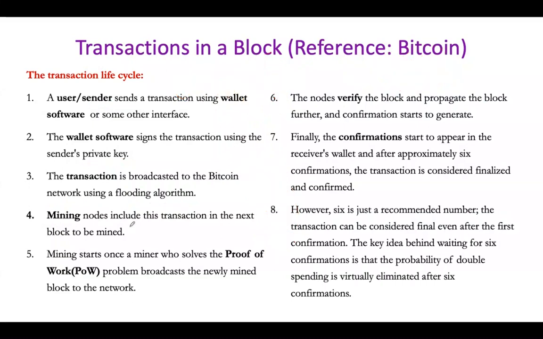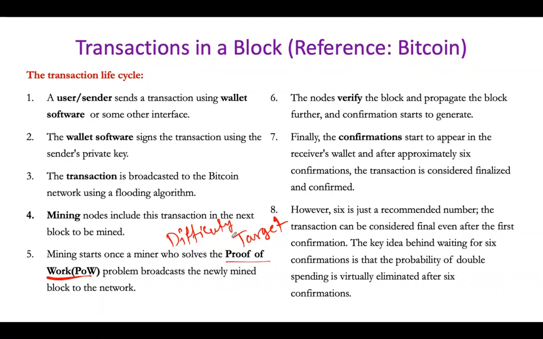So the mining nodes include these transactions in the next block to be mined. And after adding all those transactions up to date, the mining starts, once a miner solves this proof of work. That means calculating the difficulty, which means finding this target hash value.